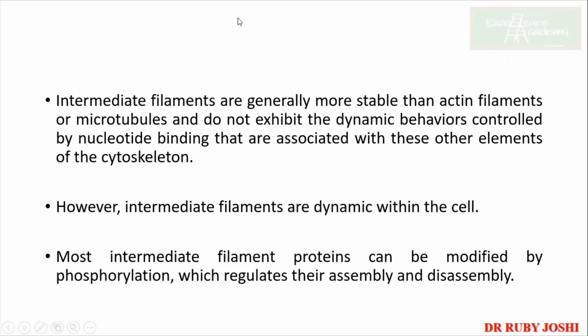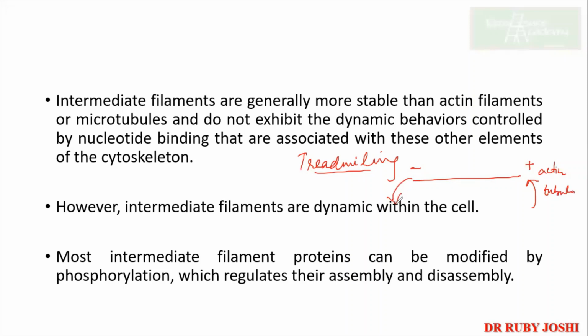It means that in contrast to microtubules and actin filaments, remember we have talked about the treadmilling over there. So what does this treadmilling mean? It means there is a plus and a minus end. So here it keeps on adding actin, or we say tubulin. Okay. And here it keeps on depolymerizing.